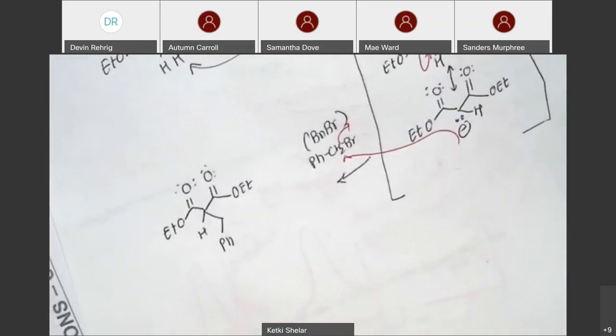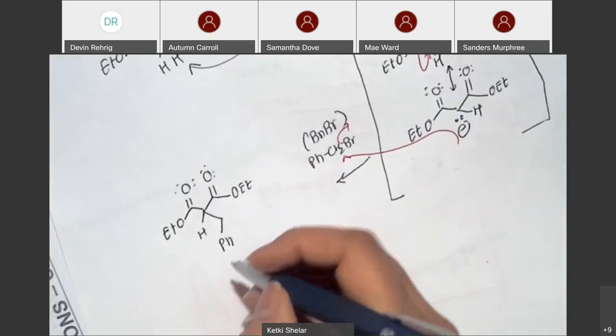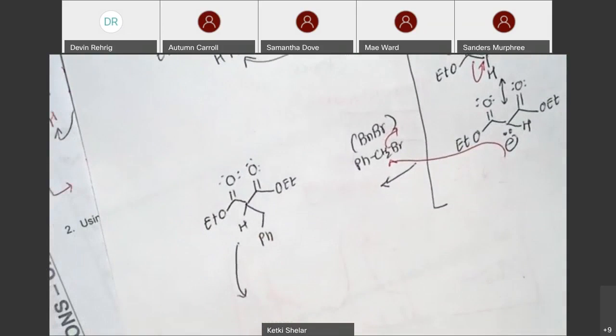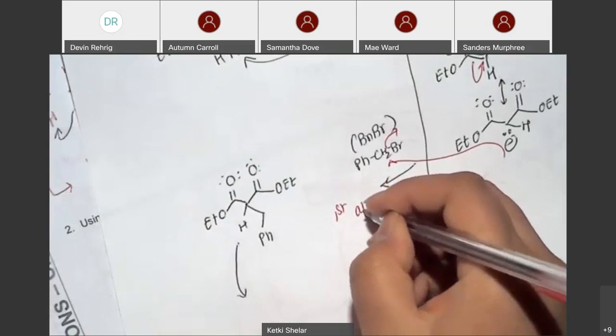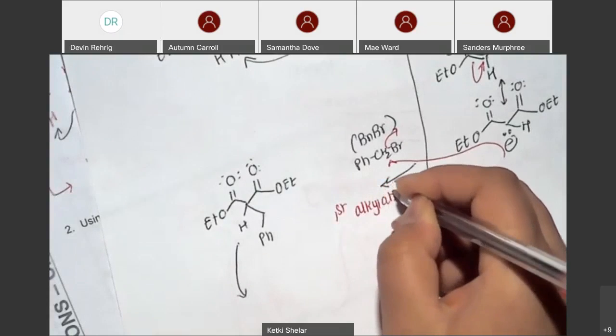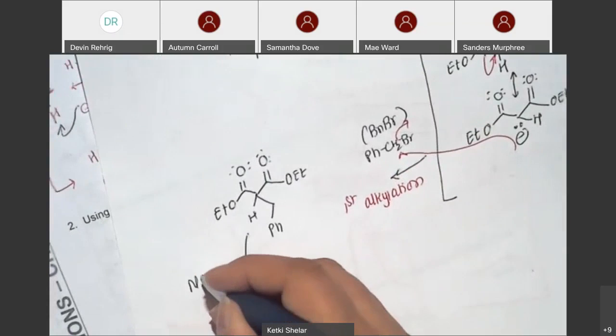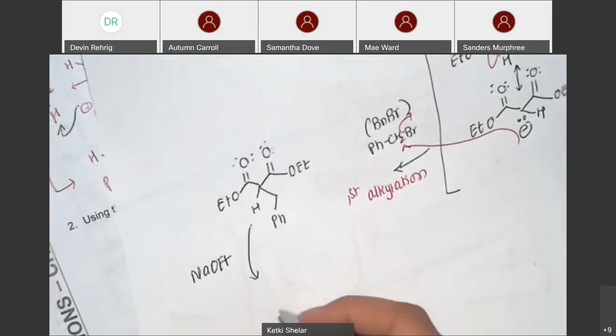Okay. So after this, as we have a second alkylation, this is known as the first alkylation. In the second alkylation, you will again react this with sodium ethoxide.